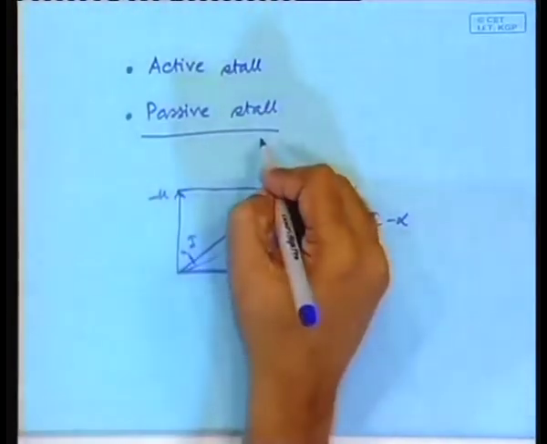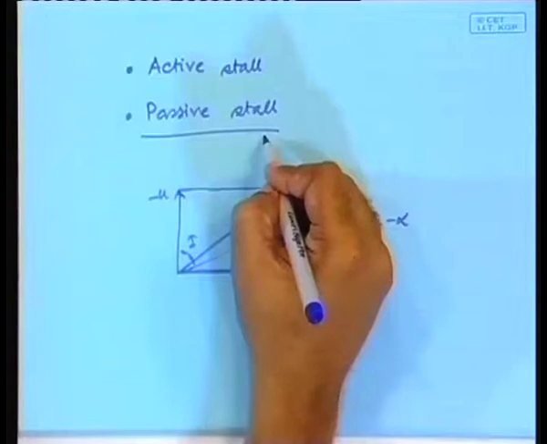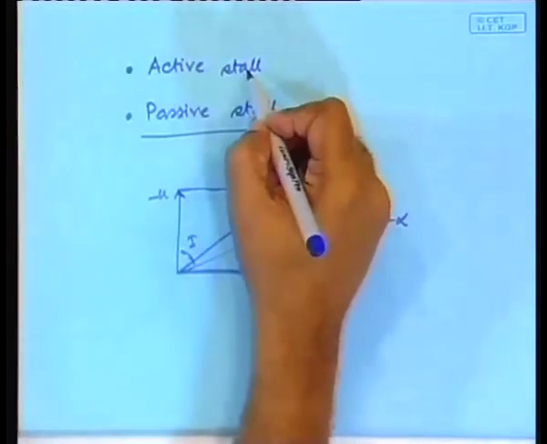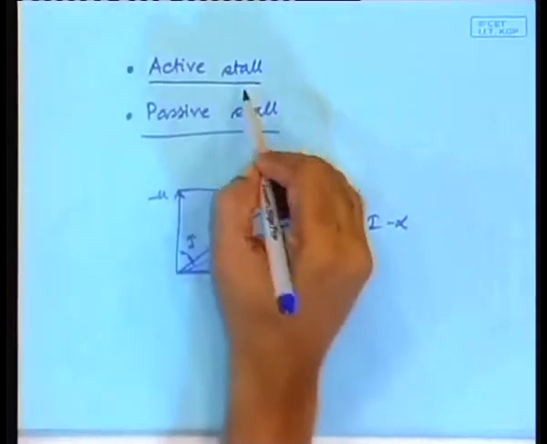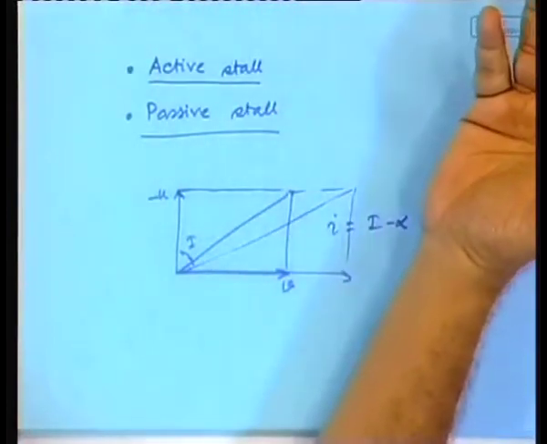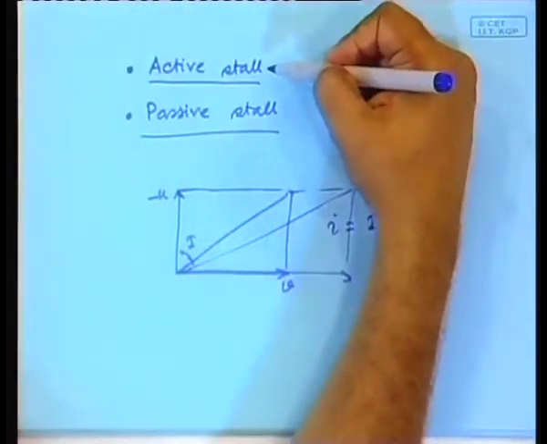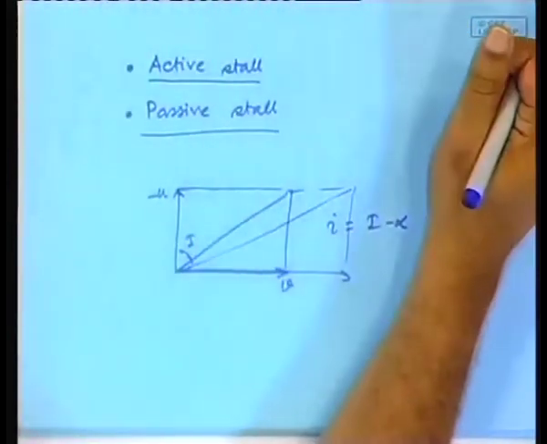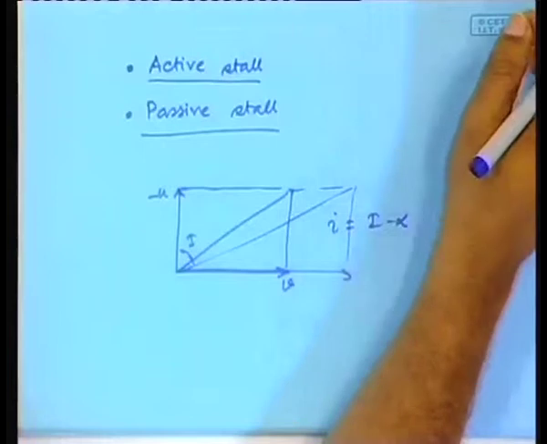So passive stall is normally used in small wind turbines which do not have the active stall mechanism. Otherwise the active stall is the same as pitch angle control, but here the objective of the pitch angle control is stalling rather than obtaining the maximum energy out of it. Okay.